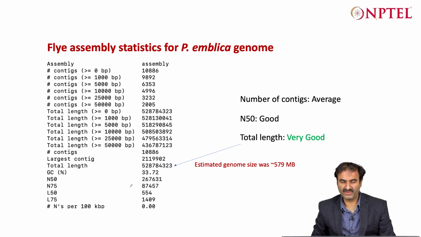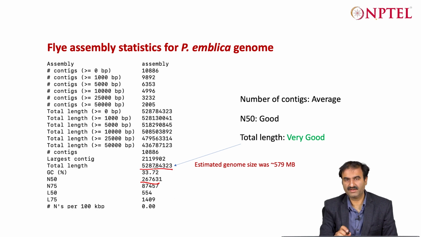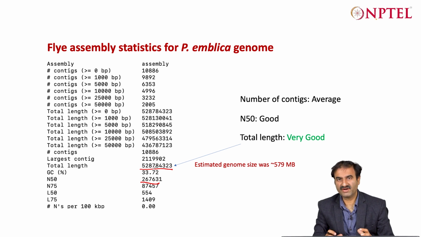For Flye, you can see that the N50 was the lowest among all, but still it is not bad. It is 267 KB, but it could reach 528 MB of the total coverage of the genome, which was estimated to be 579 MB. This estimation gives you an idea of how much coverage you expect from the assembly, but it is not that this number will be correct all the time.